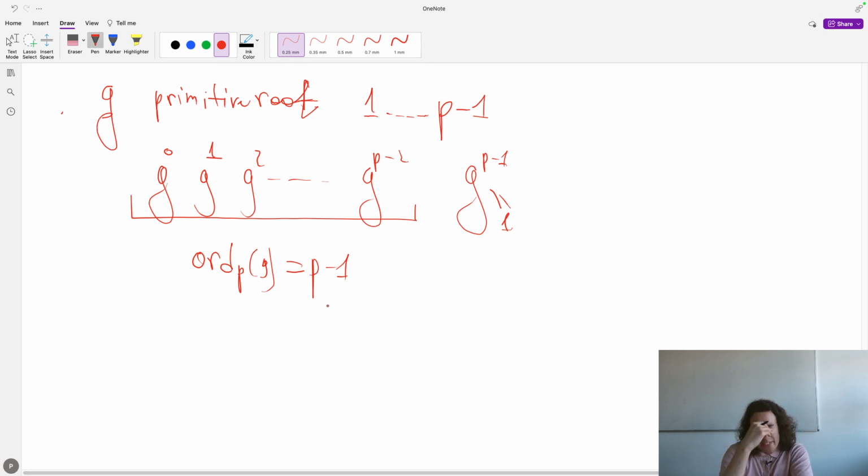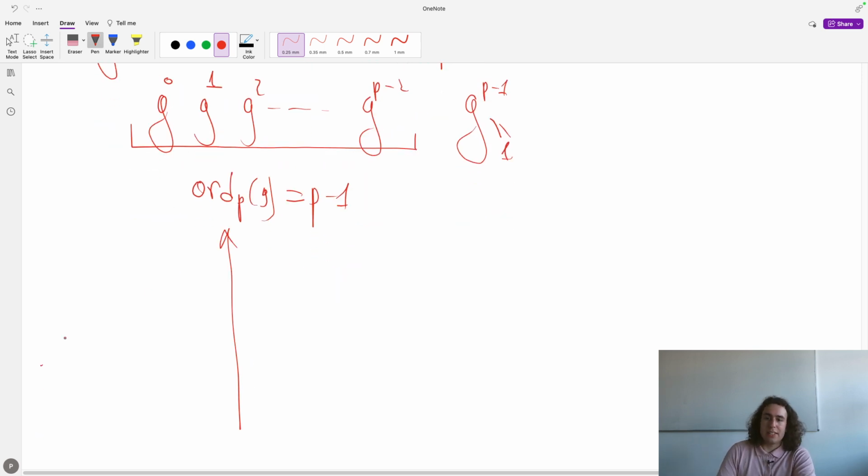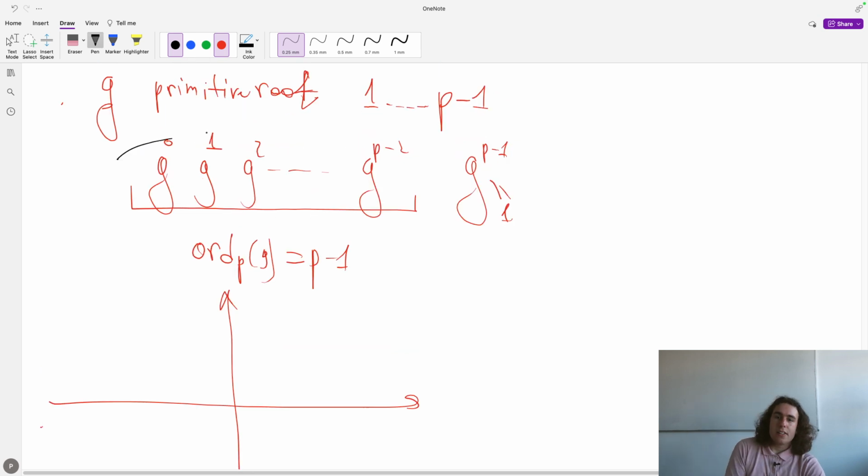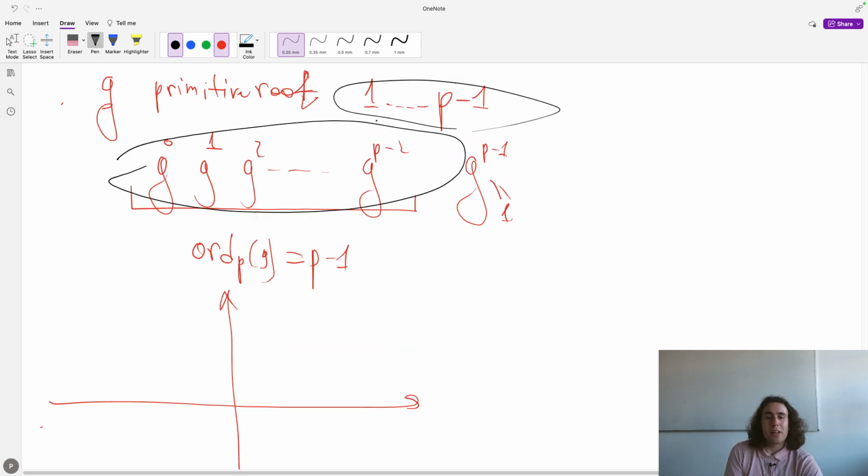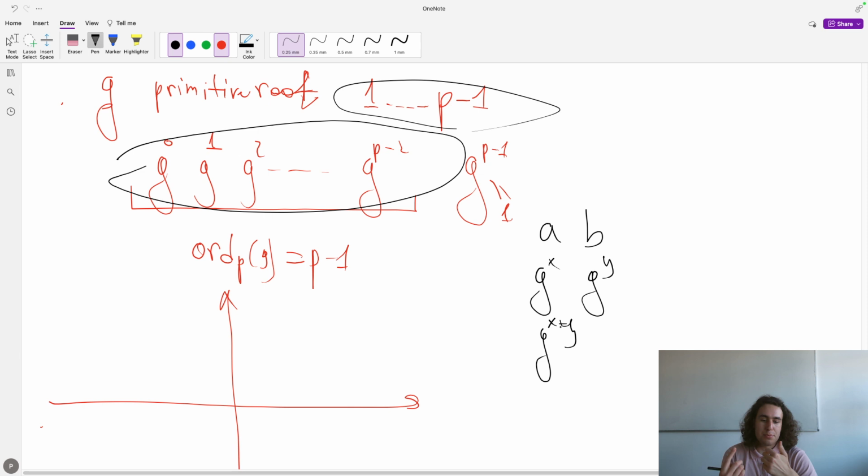And this is very, very similar to what we were talking about with complex numbers, right? Because now you can see that all these numbers are numbers from 1 to p minus 1. So if you multiply two numbers a and b, they can be expressed as g to the x and g to the y, and then their product is g to the x plus y.